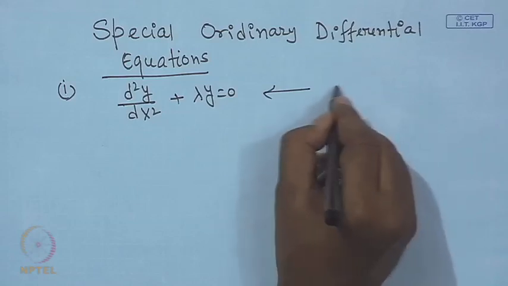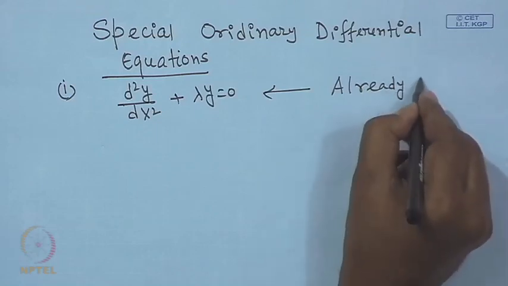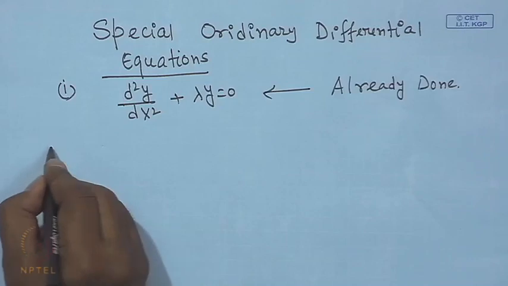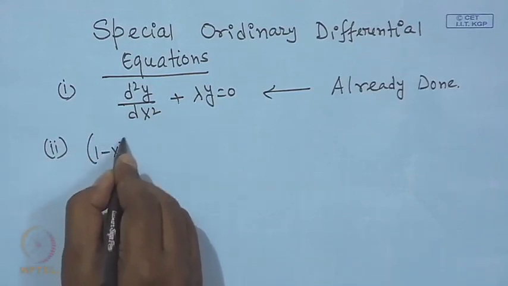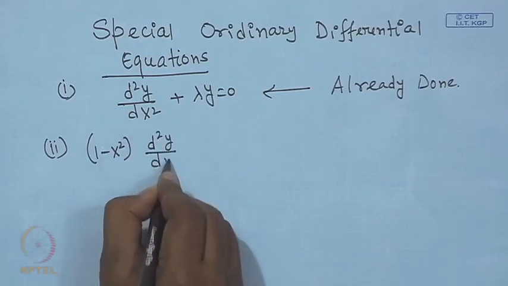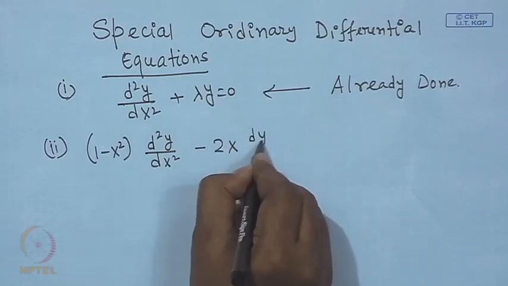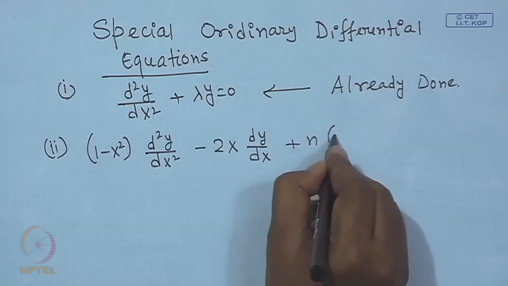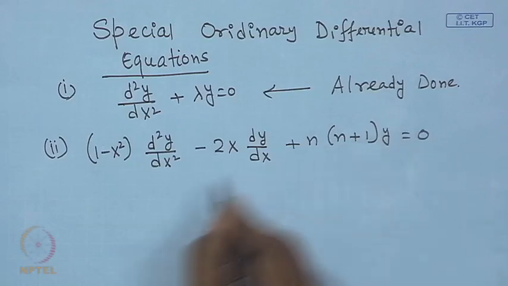The next special ordinary differential equation we will be looking at is of this form: (1 minus x square) d square y dx square minus 2 x dy dx plus n into (n plus 1) into y is equal to 0.